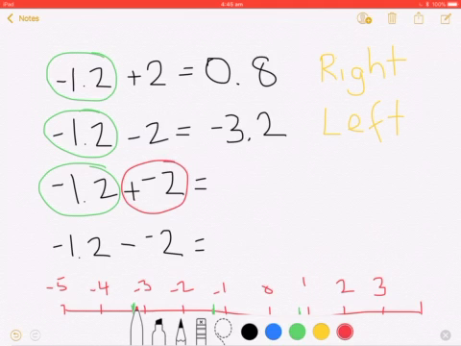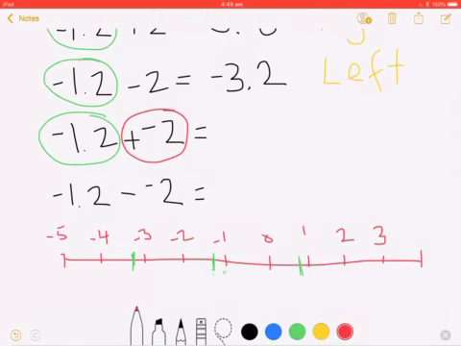It's the negative, it wins. So when I say that, I'm saying the negative's winning. Think about which direction that might mean on a number line. So I'm still starting here at negative 1.2, and the negative's going to win out here. So I'm still going to make those 2 jumps to the left. I'm going to end up at negative 3.2.